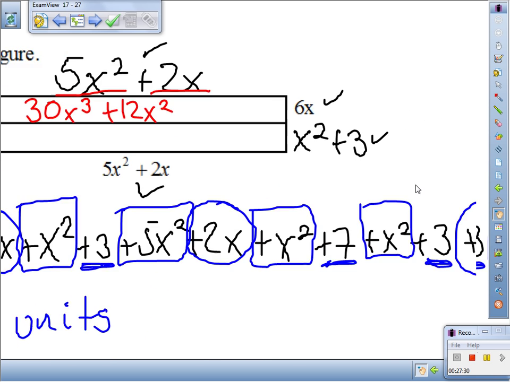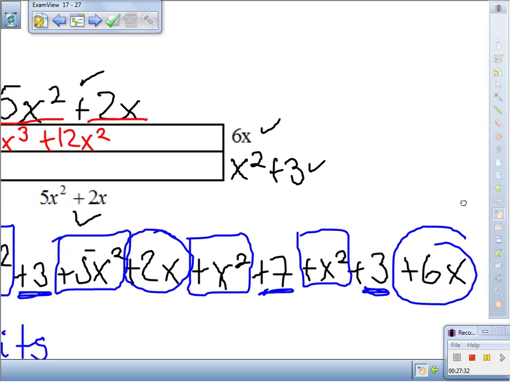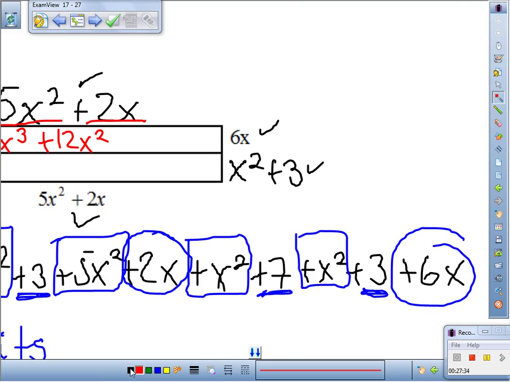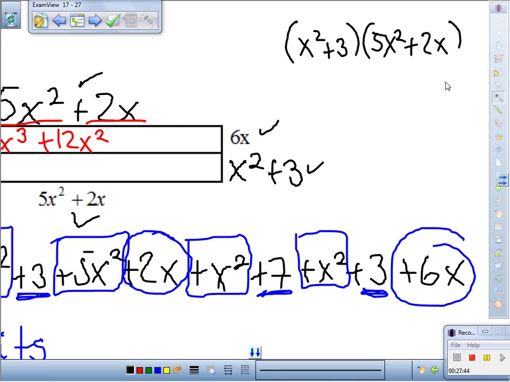And I'm going to do this one over here on this side. There it goes. Same thing, I'm going to use distributive property. X squared plus 3 times 5x squared plus 2x. Here we go. What is x squared times 5x squared? 5x to the 4th. What is x squared times 2x? 2x to the 3rd.